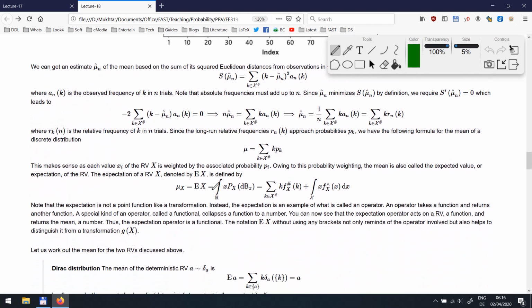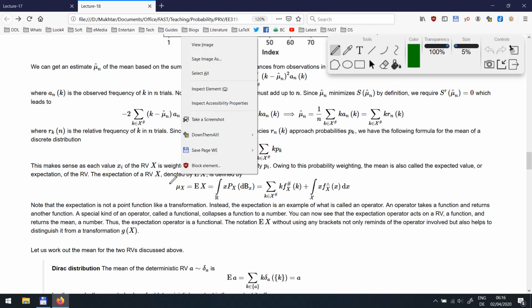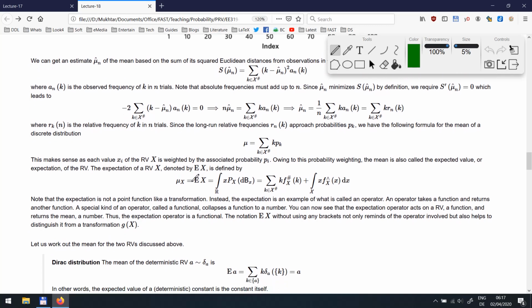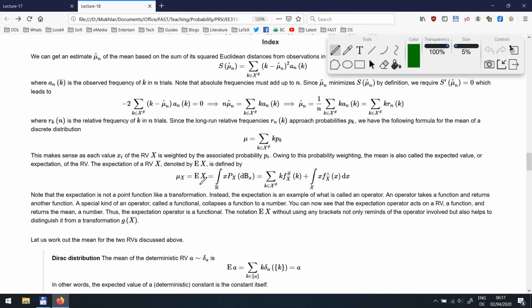So in a more general setting, the mean value of a random variable x, we can denote by mu, because we already have mu subscript x, which means we are talking about the mean value of x. It's also seen as an operator E, the expectation operator applied to the random variable x.